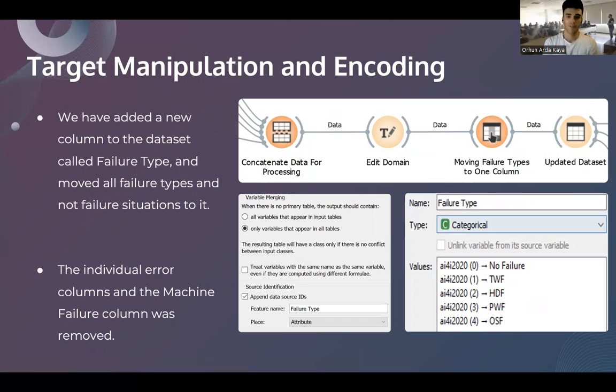Orange gives weird names to our new values, so we changed the names using the edit domain widget. After that, we removed the individual failure type columns and the machine failure column. Now our target is the newly created failure type column. Next slide, please.